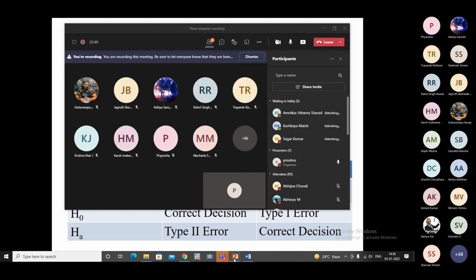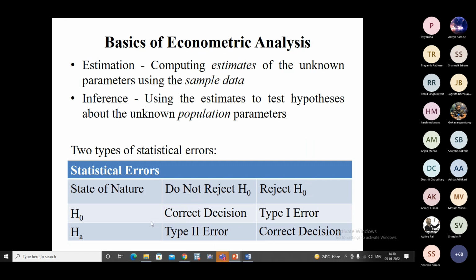Just to point out here, one very important aspect is the selection of level of significance. Why is it so? You know, in many cases we have seen the conclusions may differ depending on what level of significance you choose.